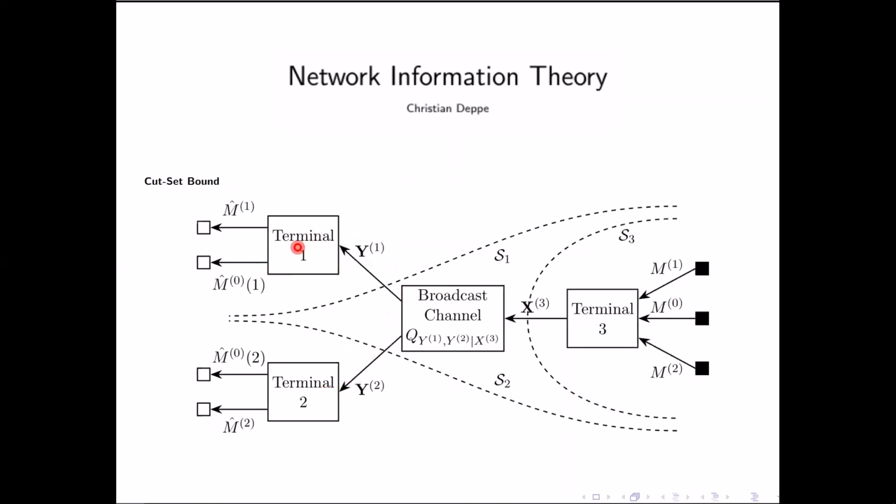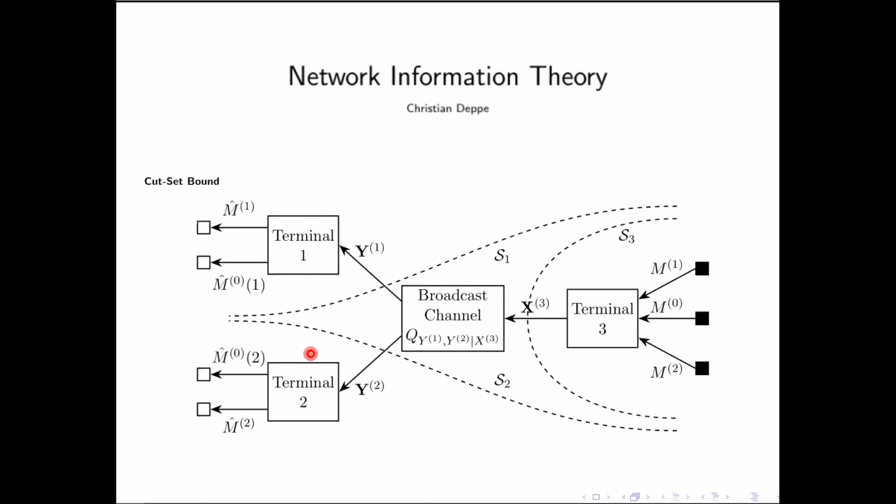And terminal 1 wants to have an estimate of M1 and M0, the common and the dedicated message, and the same is true for terminal 2. Here you see the cuts which we considered. First we consider this cut, somehow X and the rest, and then this cut and this cut.